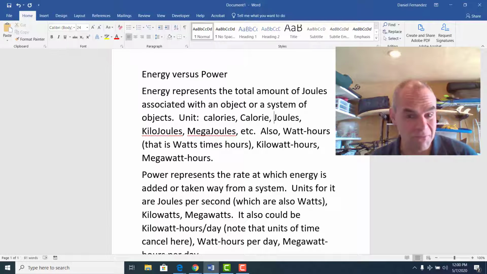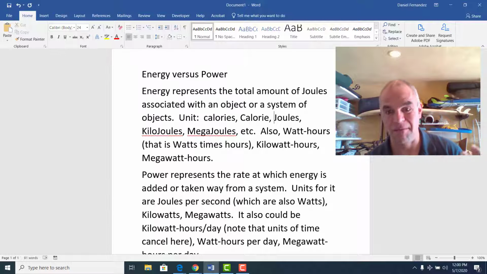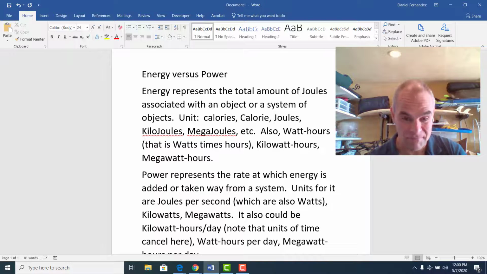Another unit of power that you might see is a kilowatt hour per day. You may ask, how does that make power? A kilowatt hour is a unit of energy, as I said above, because it's a power times a time. And remember, power is energy divided by time. If you take that power and multiply it by time, you get energy back.